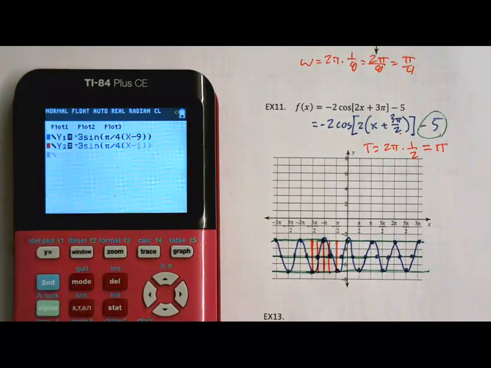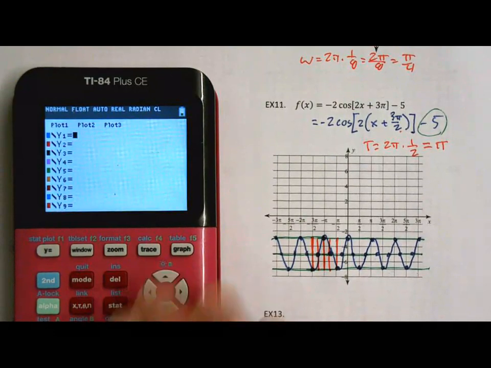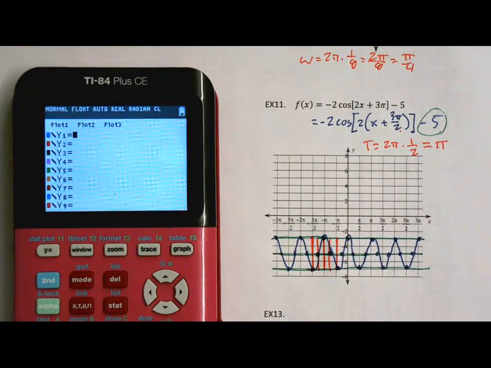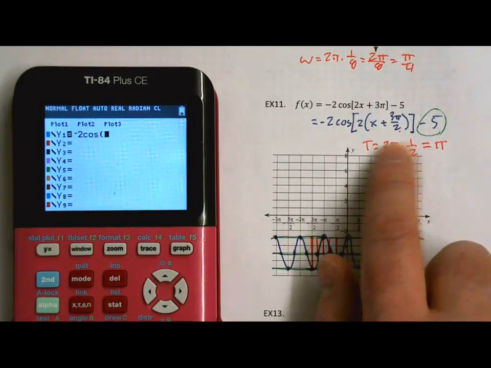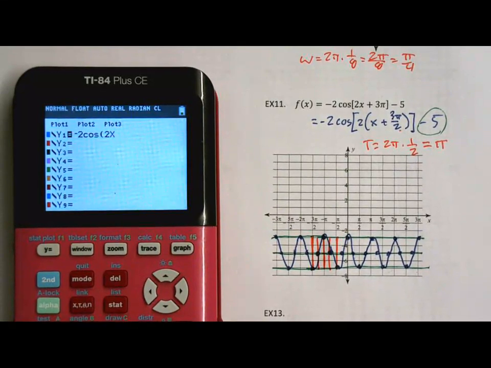And then I'm going to go ahead and type in my equation. And when I do this, for these, it helps me to see if I did it correctly if I also type in the 3 horizontal lines. So I'm going to do negative 2 cosine. And I'm just doing the original one, not my modified one, just to make sure I didn't make a mistake when I modified it.